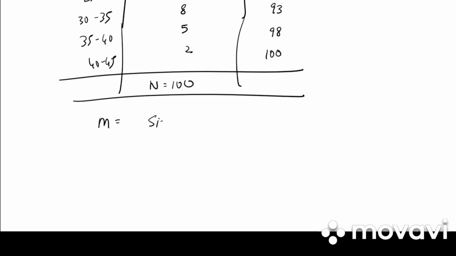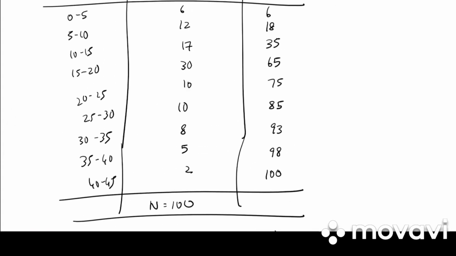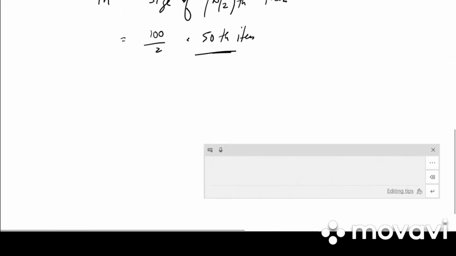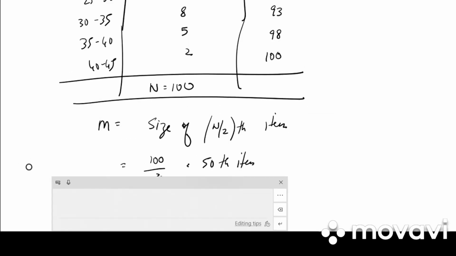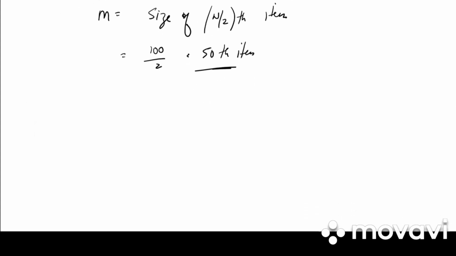So median is equal to size of n by 2 item, 100 divided by 2, that is 50th item. Go to the cumulative frequency. 50th item is 65. So write down in the next line, 50th item lies in the 65th cumulative frequency and the corresponding median class is 15 to 20.